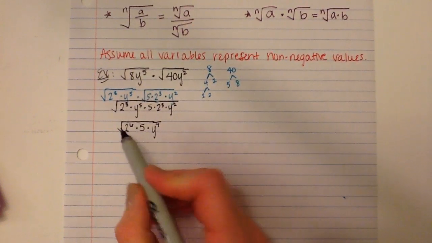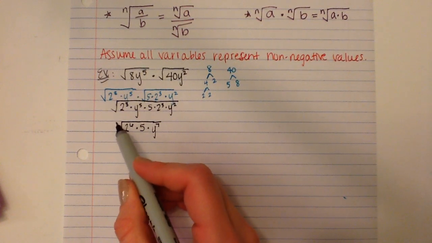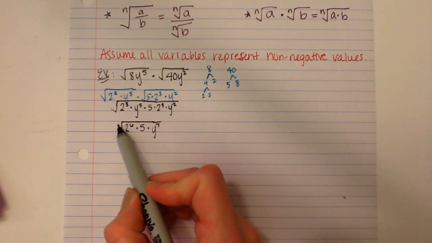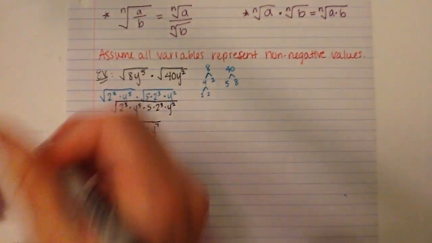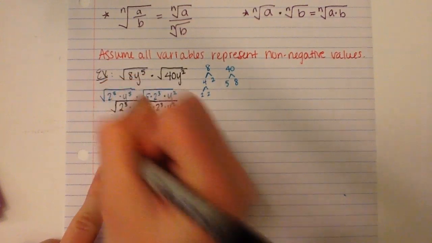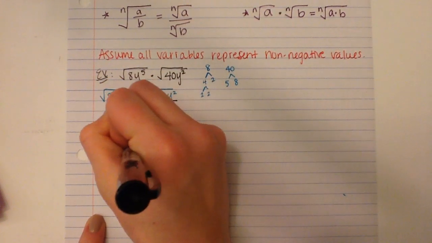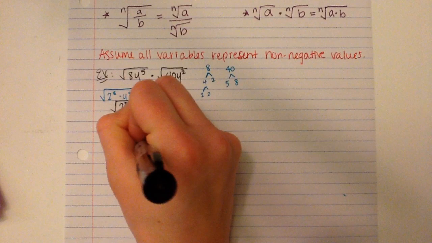Alright, our index, like we talked about in 6.1, is the number out in front. Well, if we have the square root, the index is 2. So if we have 2 to the 6th, and our index is 2, we can get 3 groups of 2 to go into 6. So it's going to be 2 to the 3rd. And 5 is just to the power of 1, so we can't get any groups of 2 in there. So 5 stays on the inside.